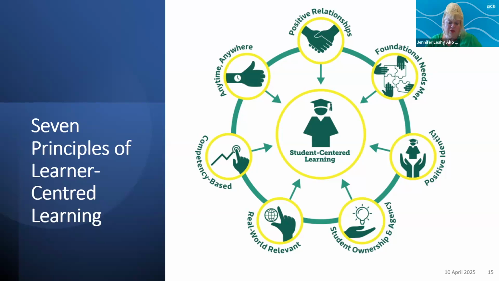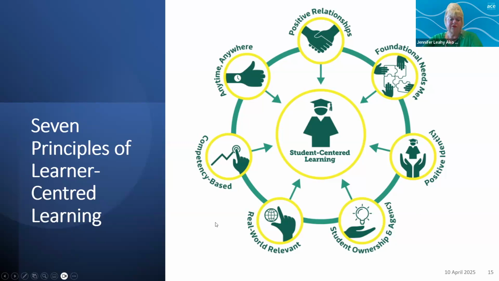Then we move on down to ownership and agency, that the learner feels that they have some control over the learning or some input into the learning. It's not about just what the teacher, the kaiako, the educator said. It's them having a chance to share their passions, to share what's important to them, and bring that into the session.